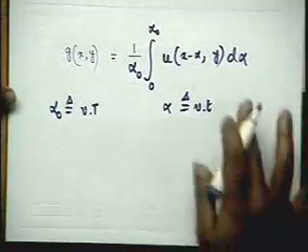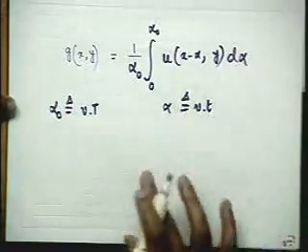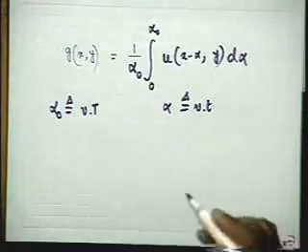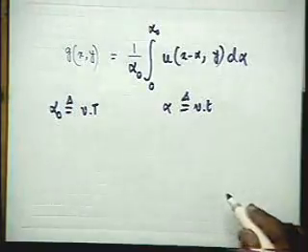Now what we did was that we had gone over to 2 dimensions, so that apart from integrating with respect to d alpha, we wanted to integrate with respect to d beta also.